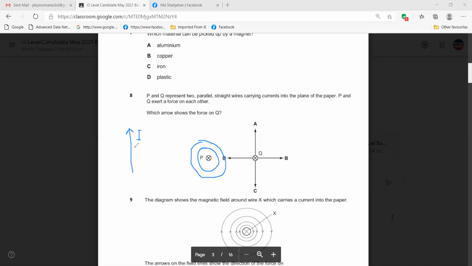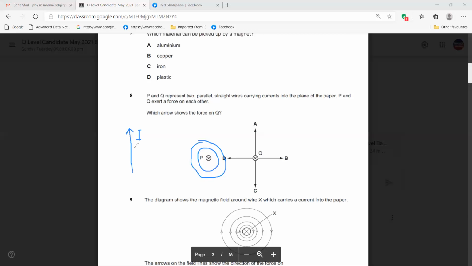We are just giving this. We can give downwards, we can give upwards. You have your right hand, you fix your right hand with a grip, then your thumb is showing you the direction of current. You can keep your thumb downwards or upwards.